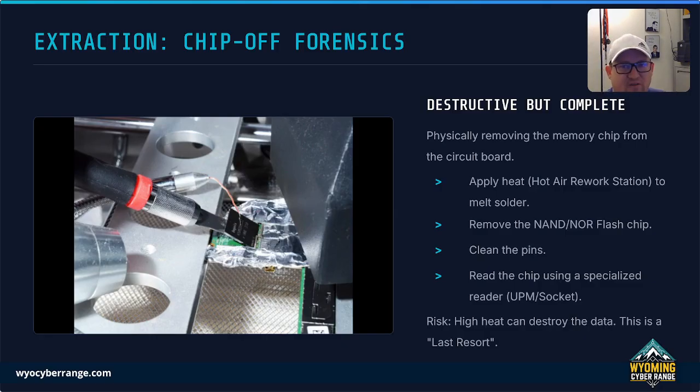Now, chip-off is considered a destructive forensic technique because the host device is permanently disabled. Understanding that this technique requires highly specialized hardware and soldering expertise, making it a final option. So normally you don't see this too often unless we are desperate.